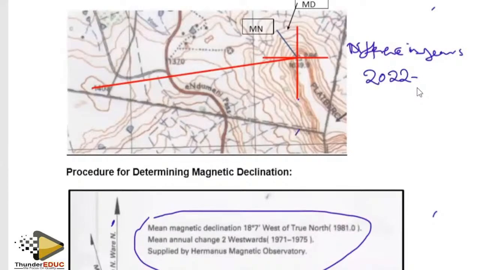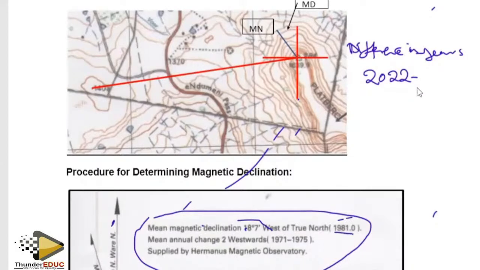Now come here. What do you see? You see here, somewhere here, that mean magnetic declination, 18 degrees 7 minutes west of true north, and the year here is 1981.